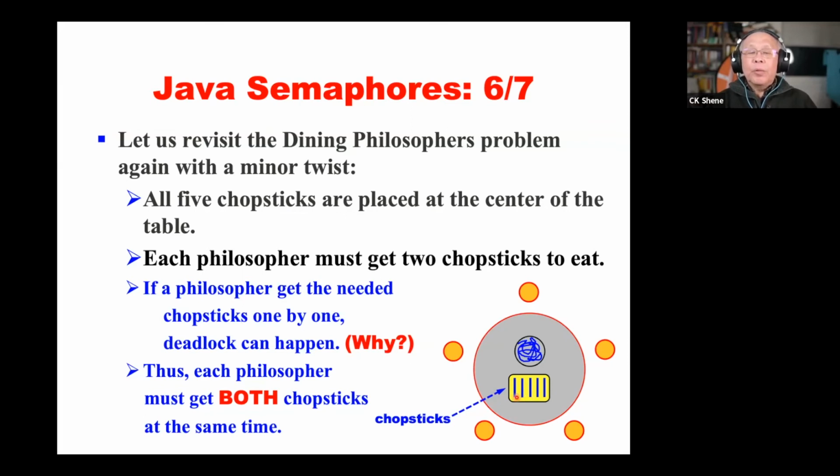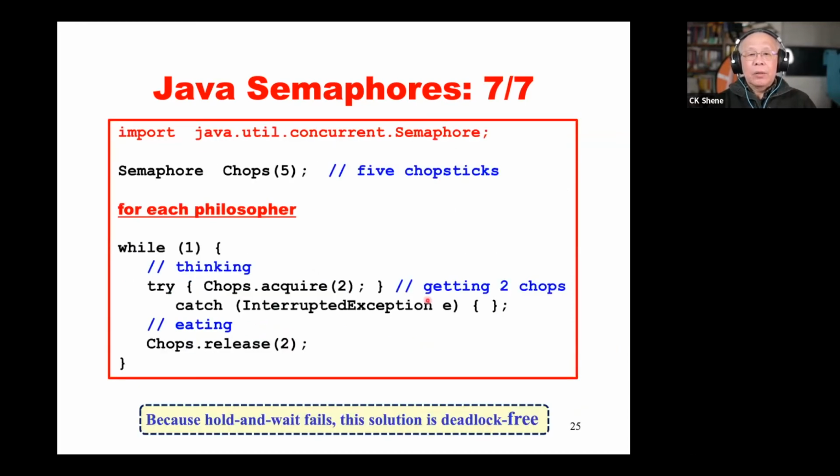The initial value would be 5. A philosopher always acquires two chopsticks, that is, acquires the semaphore with two permits, then we know there won't be any deadlock.